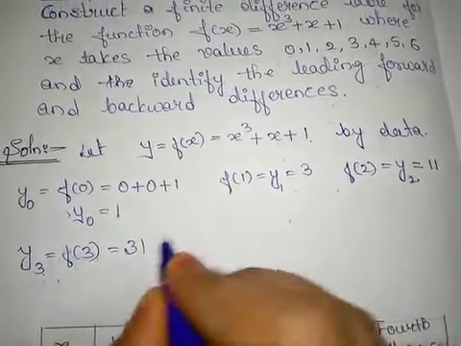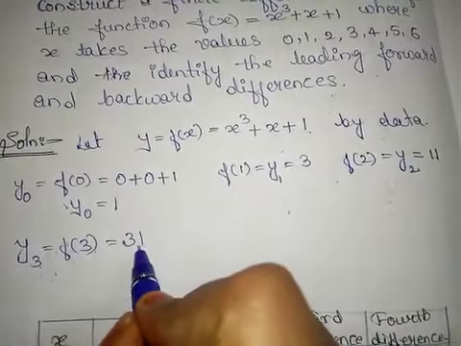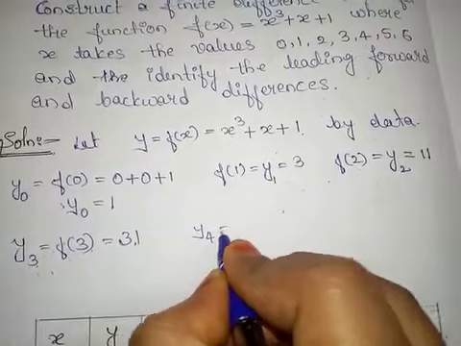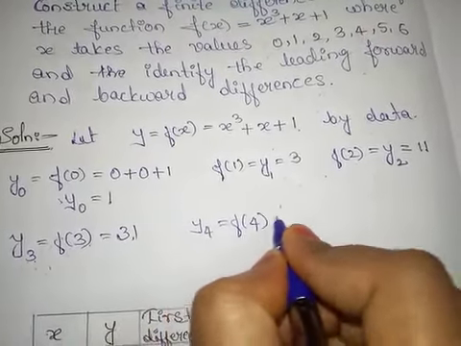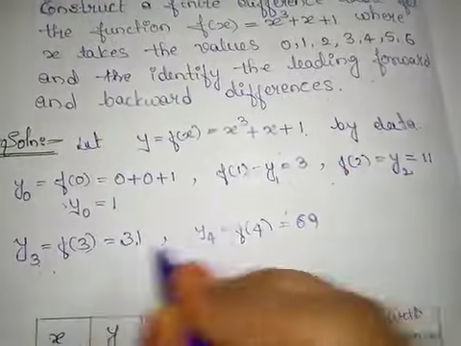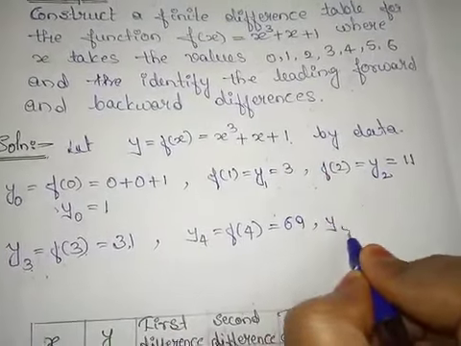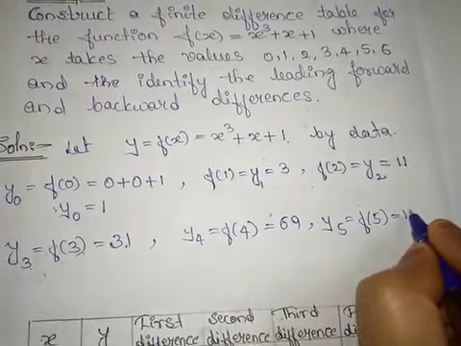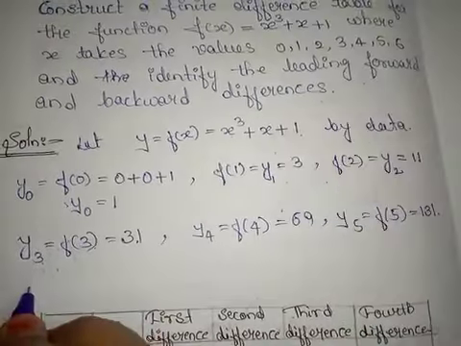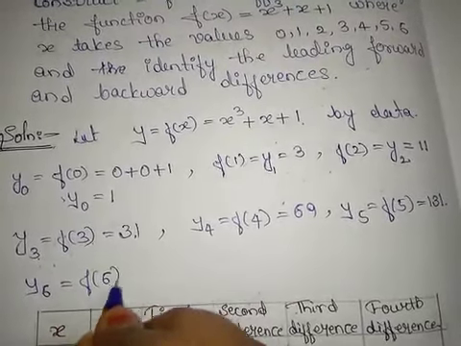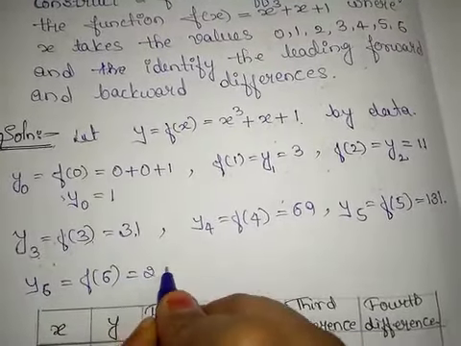When we substitute x as 3, we will get f of 3 as 31, and y4 is equal to f of 4 is equal to 69. Then y5, which is equal to f of 5, is equal to 131, and the last one is y6 is equal to f of 6 is equal to 223.